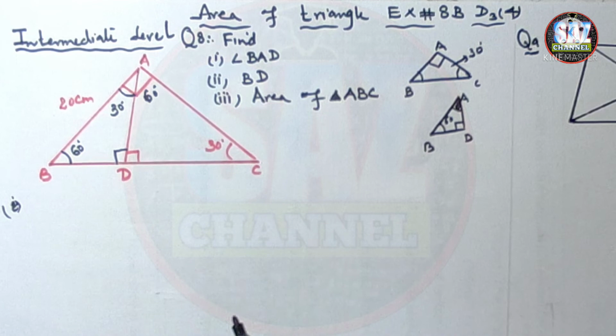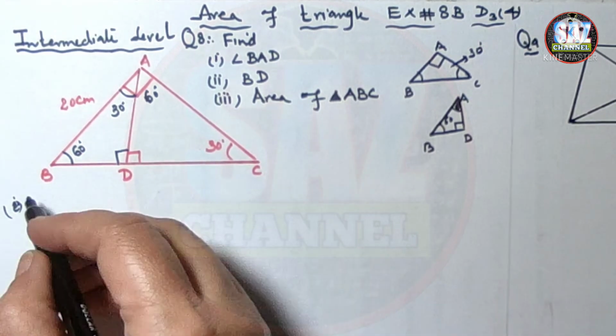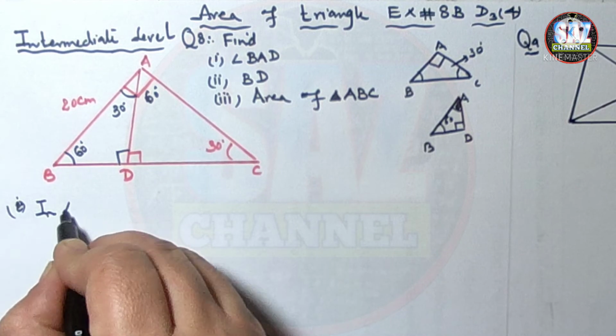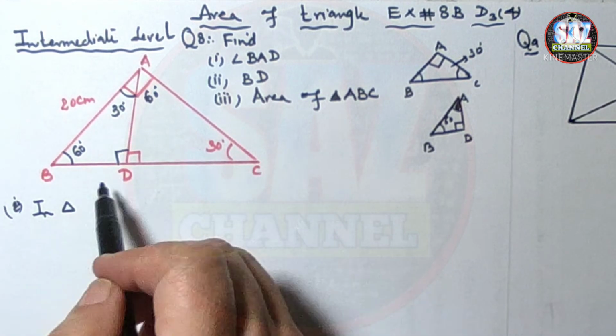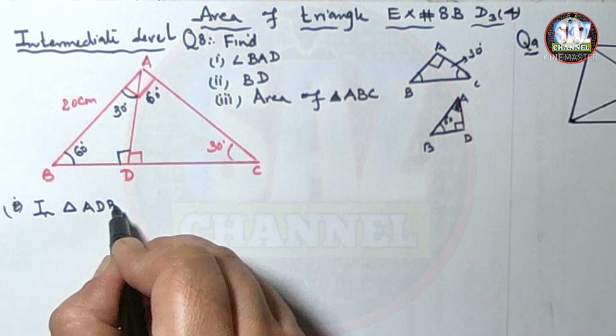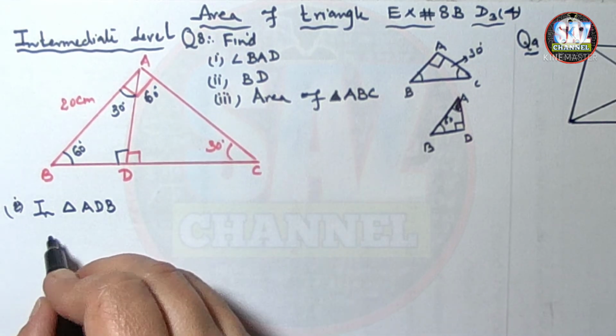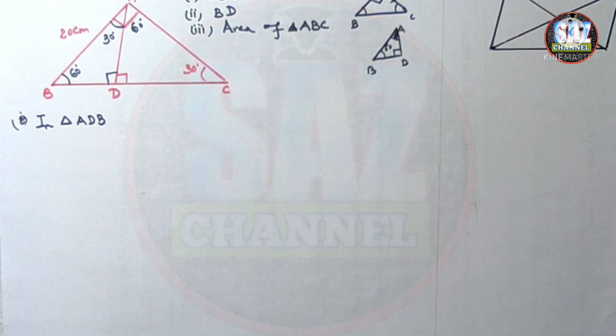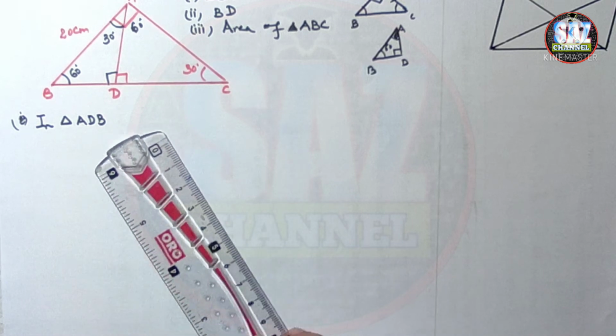First of all, we have to see the angles in triangle ADB, A, D and B. Angle D is of measure 90 degrees. Let me draw the figure here so that my students can understand.